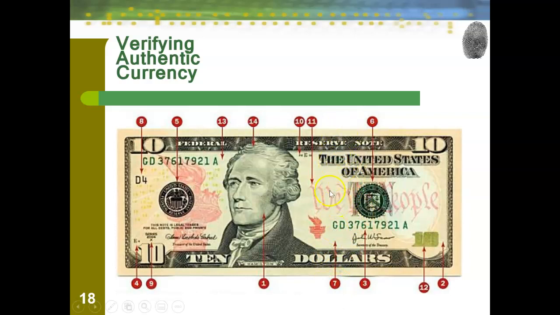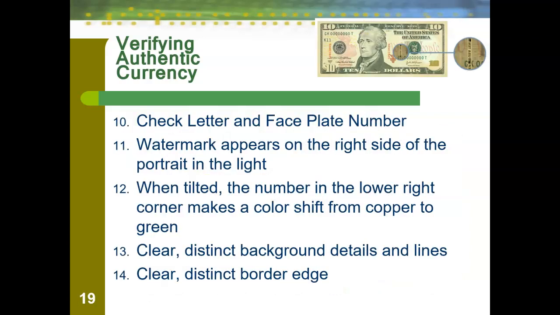However, if you held this up to the light, you would see a bar running right through there, and it would have 10s on it. Then we have number 8 right here, and last we have number 9, our series, right down there. As we change series of bills, that changes as well. And last but not least, we have the check letter and faceplate number at number 10.